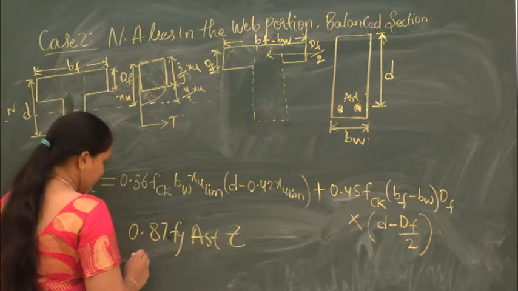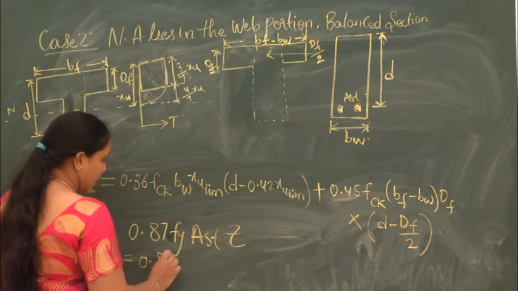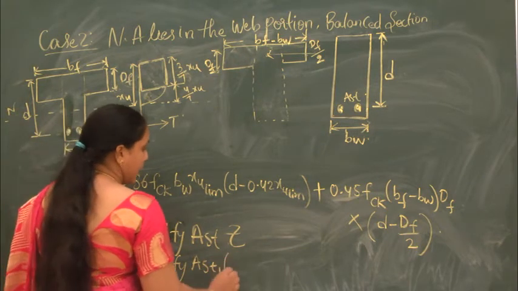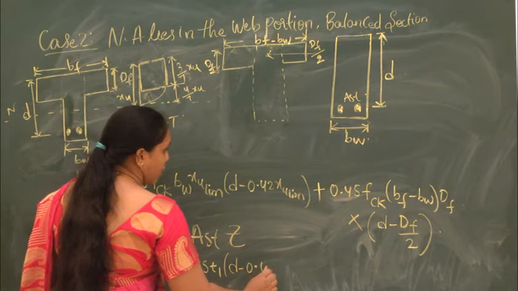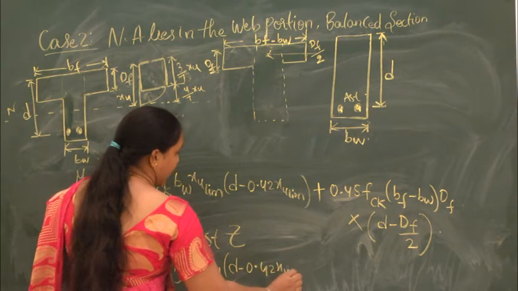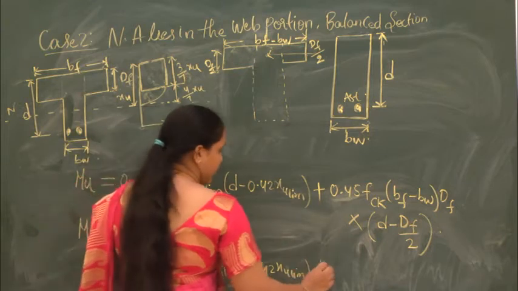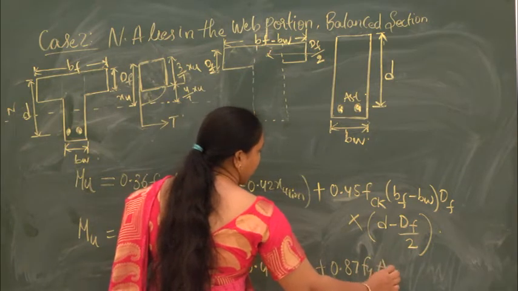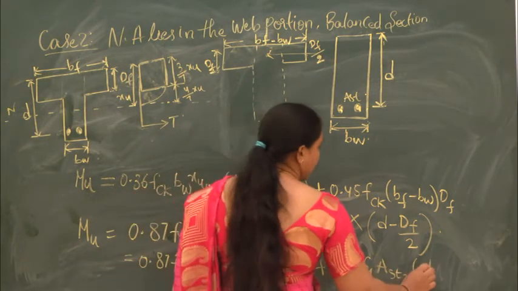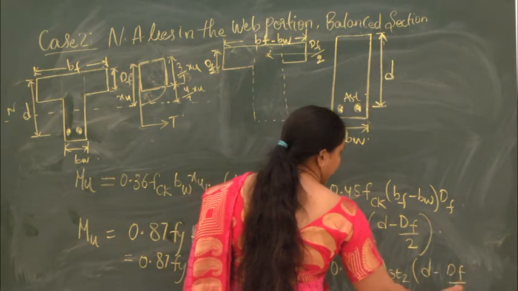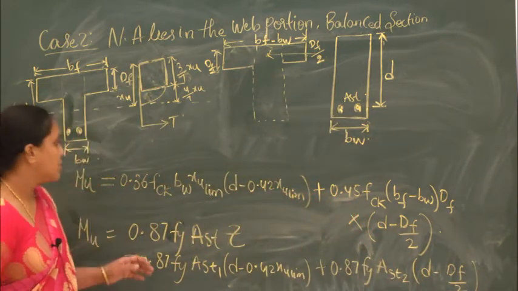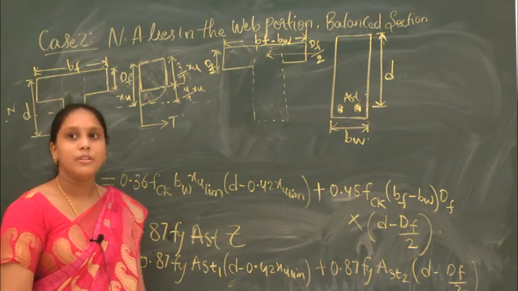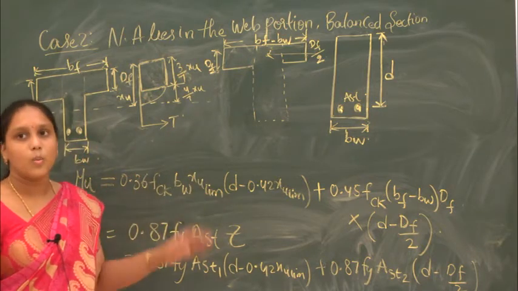Or you can also write this as 0.87 Fy into AST1, you can divide it into 2, into D minus 0.42 XU limit, plus 0.87 Fy into AST2 into the lever arm D minus DF by 2. So with these two, you can find out the moment of resistance for case 1.